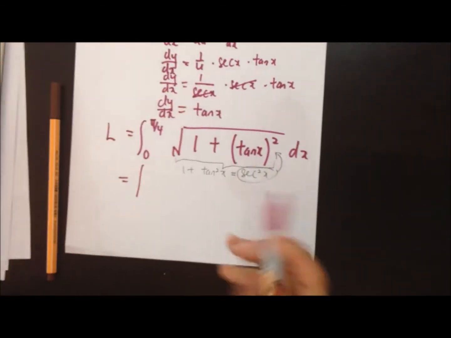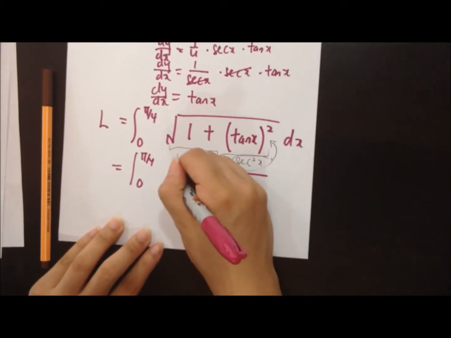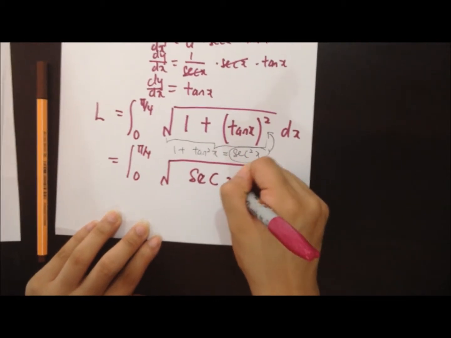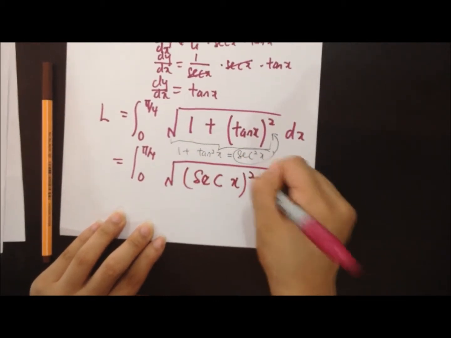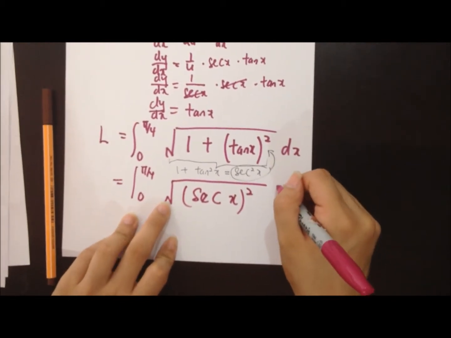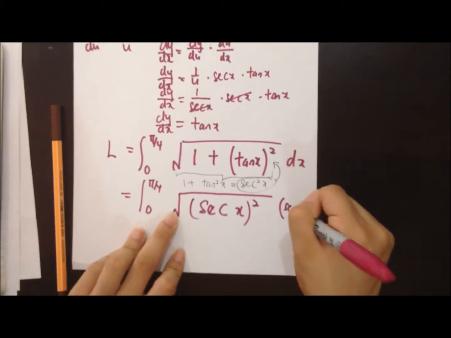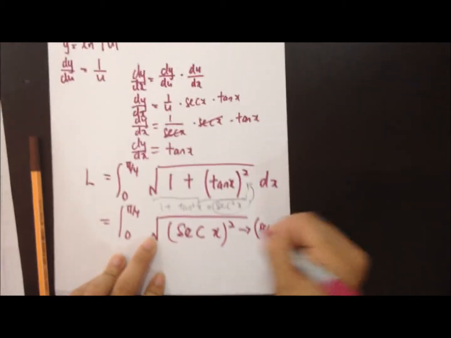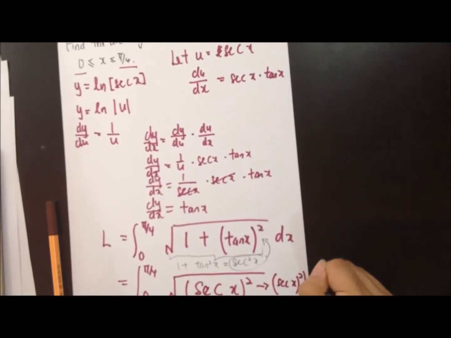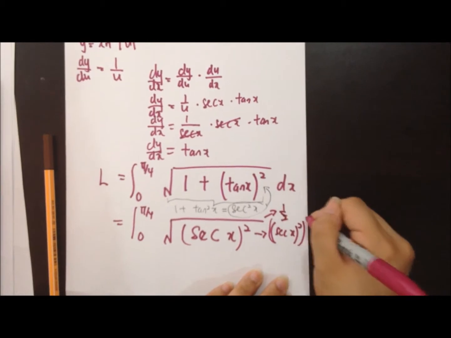So now from 0 to pi over 4, square root of secant x squared. So the power of the square root is 1 over 2.